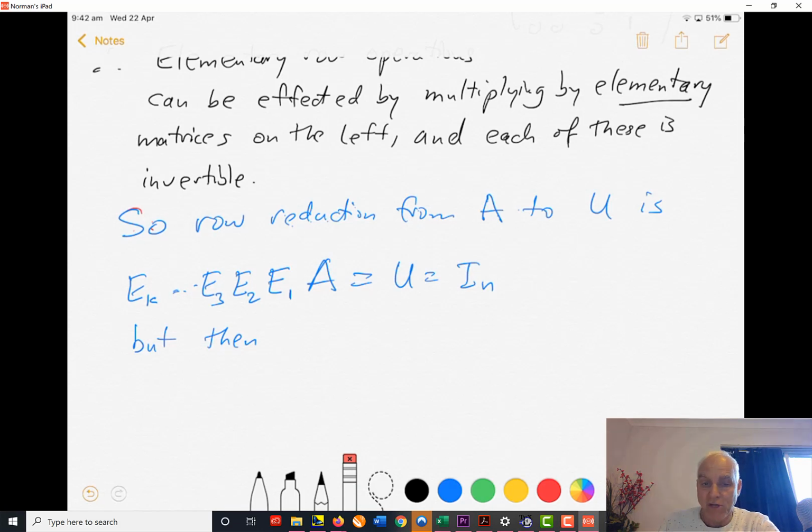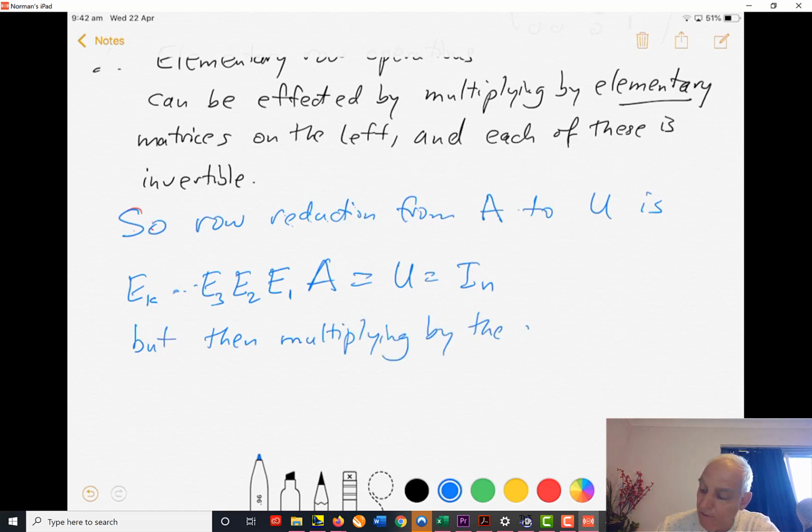But now we can take this equation and we can solve for A, because we know how to invert these matrices E sub 1 up to E sub k. They're all invertible. They all have inverses. So if we multiply by the inverses of the EKs successively, first EK and then all the way down to E1, we get that matrix A is, so first we multiply by EK inverse.